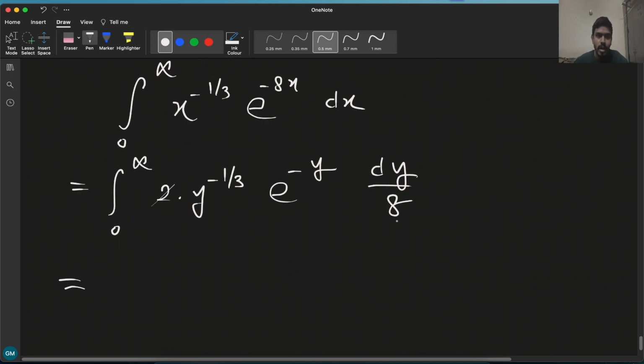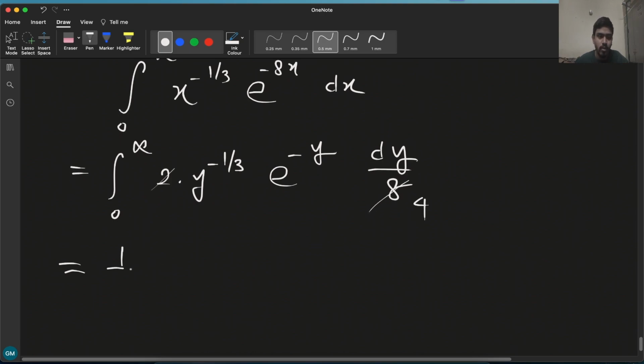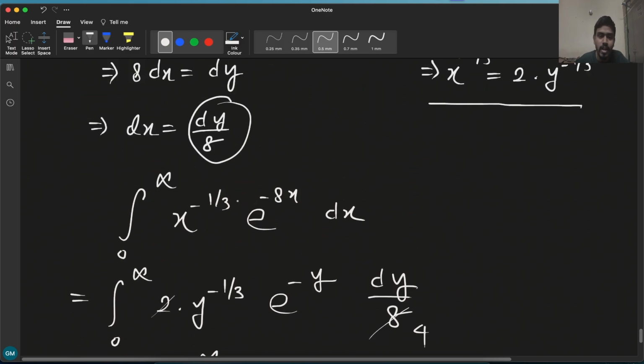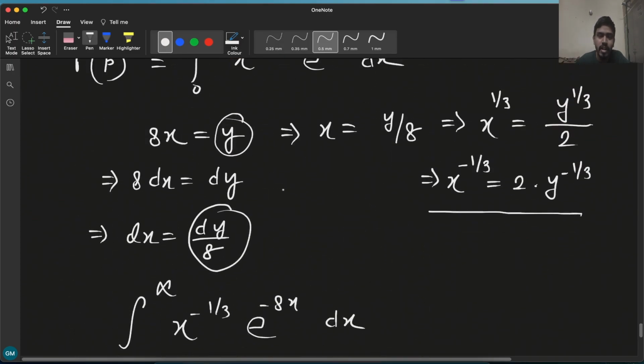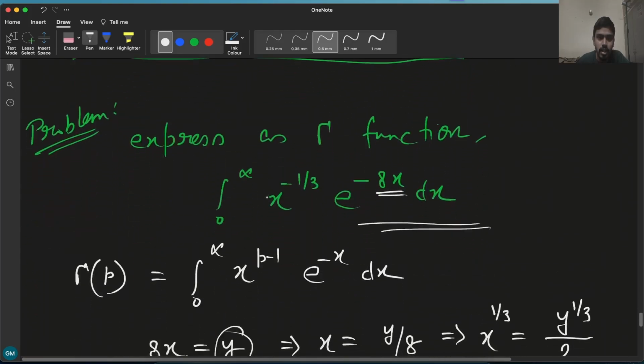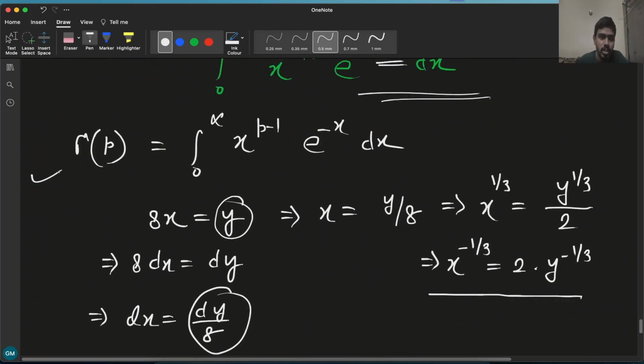So this 2 and 8, if I cancel, then I will get 4. So I can write this 1 by 4 outside the integration, and then it will be integration from 0 to infinity. Now I will try to put this whole integration in terms of the gamma function, that is x to the power p minus 1.